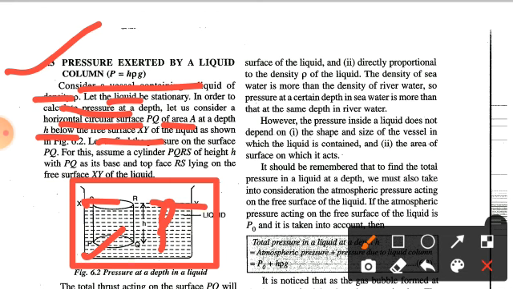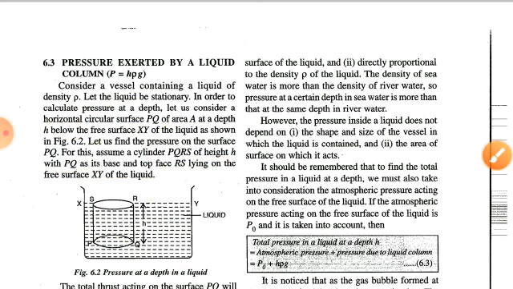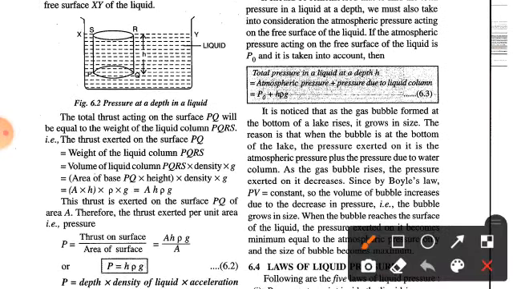So for this, let us assume a cylinder PQRS whose height is small h with PQ as its base and top face RS lying on the free surface XY of the liquid. From this figure, the total thrust acting on the surface PQ will be equal to the weight of the liquid column PQRS.